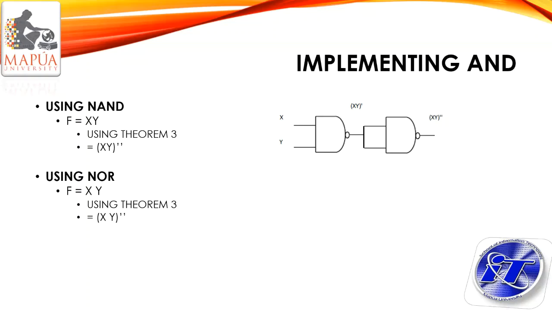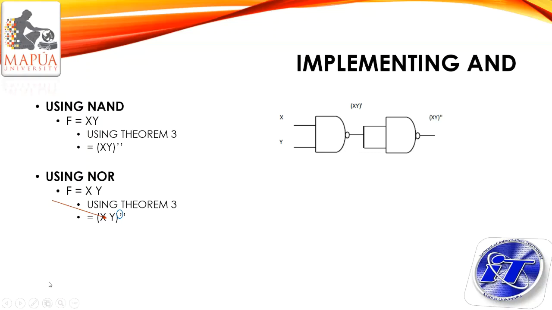So we have NOT of NOT xy, and we need to have OR in our equation. How are we going to do that? By implementing De Morgan's theorem on the inner negation.